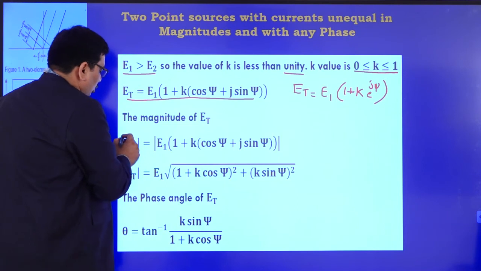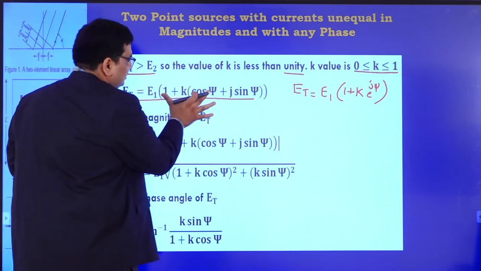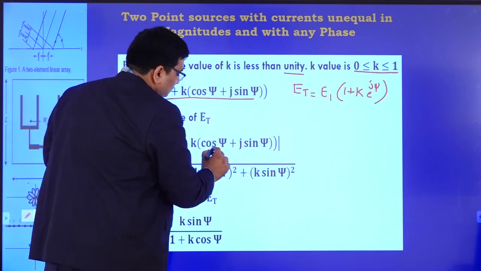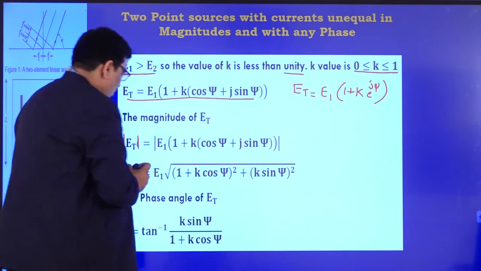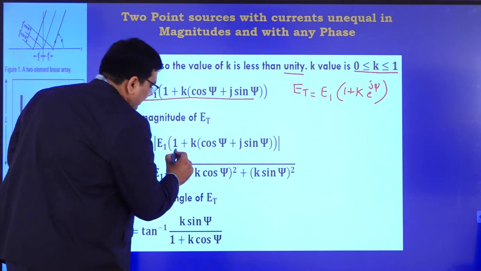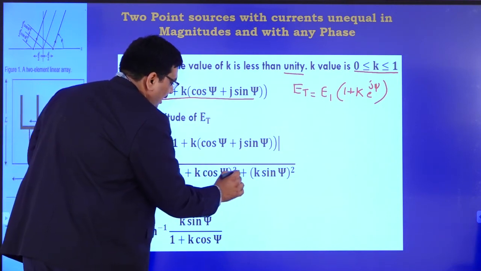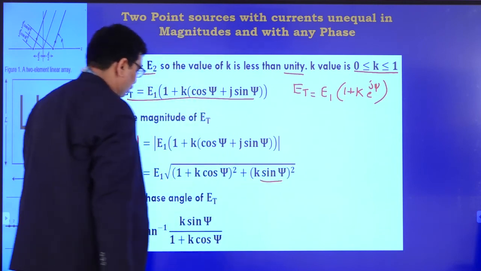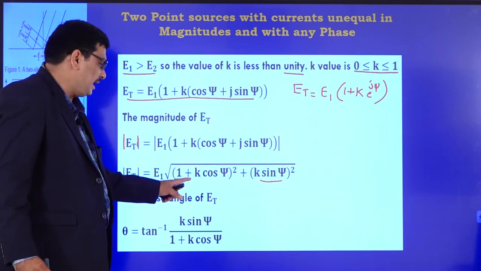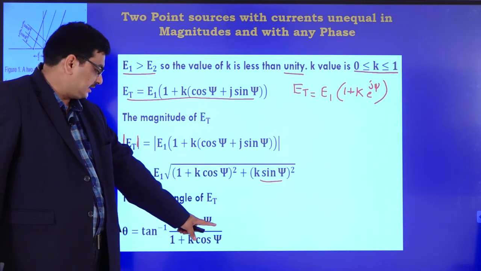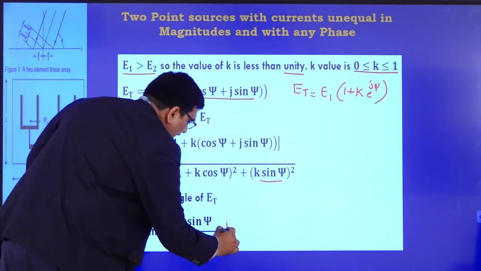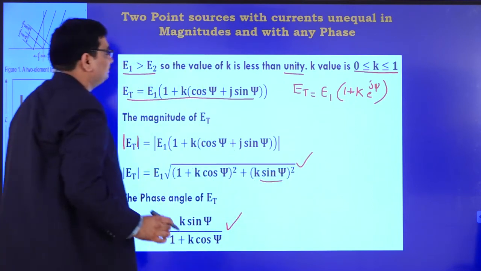The total magnitude is the modulus of Et, the modulus of E1 into 1 plus k into cos psi plus j sin psi. So the total magnitude of the field equals E1 into the square root of 1 plus k cos psi whole squared plus k sin psi whole squared, and the phase angle is tan inverse of b by a, that is k sin psi by 1 plus k cos psi. So this is the phase term and this is the magnitude term.